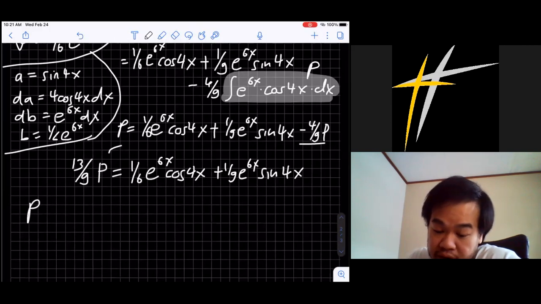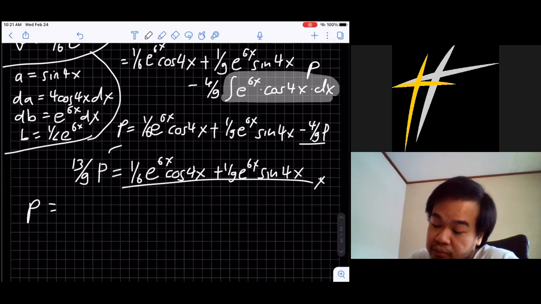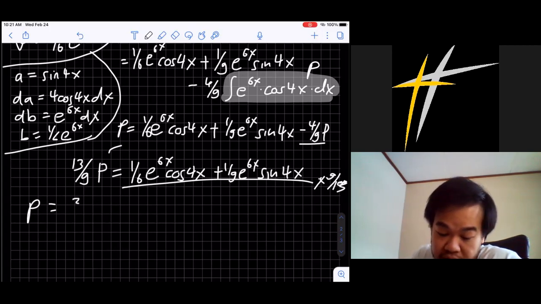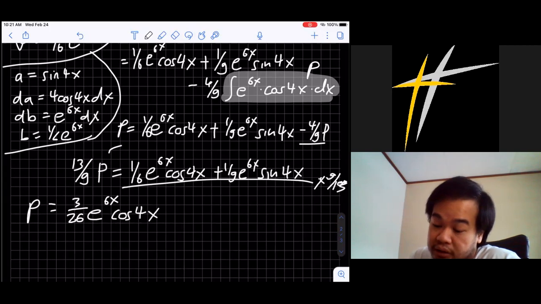So we get P is equal to 9 over 13, so it's 3 over 26 e power of 6x cos 4x plus 1 over 13 e power of 6x sine 4x.